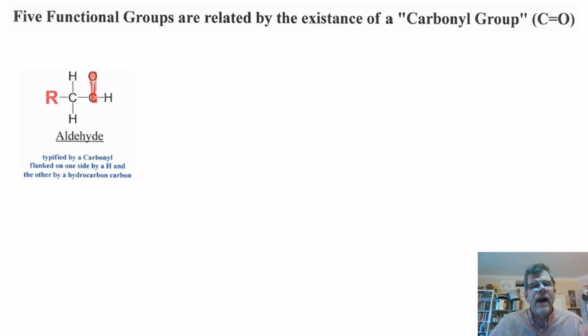So if we have our carbonyl flanked on one side by a lowly hydrogen, and on the other side by a hydrocarbon type carbon, we have what is known as an aldehyde functional group, an aldehyde.